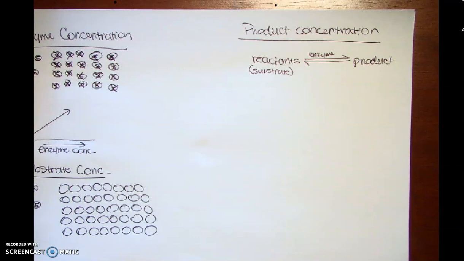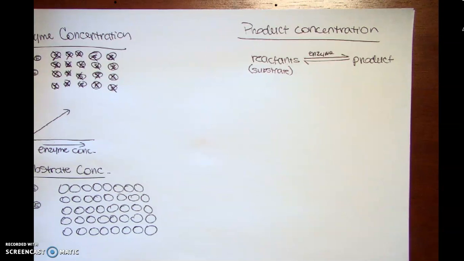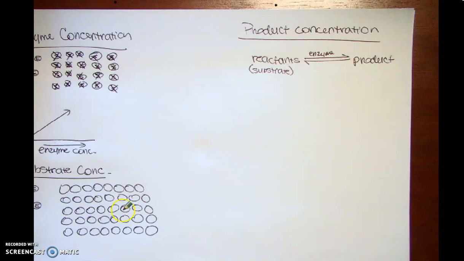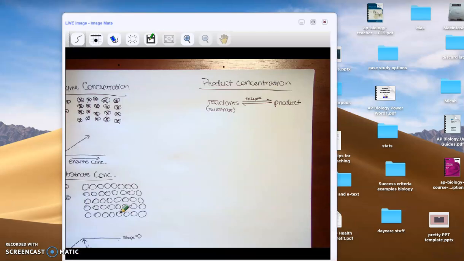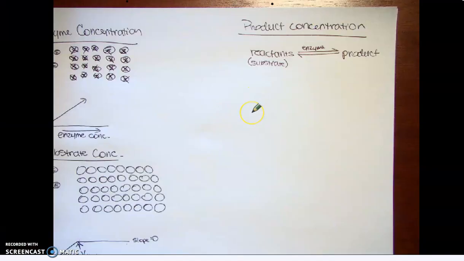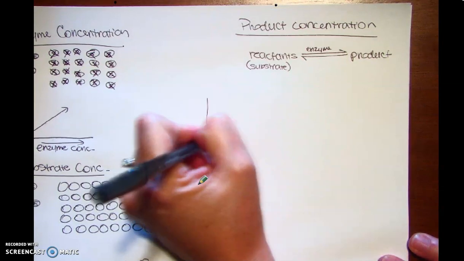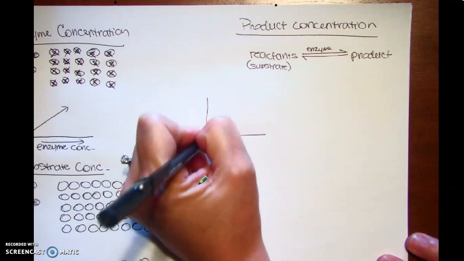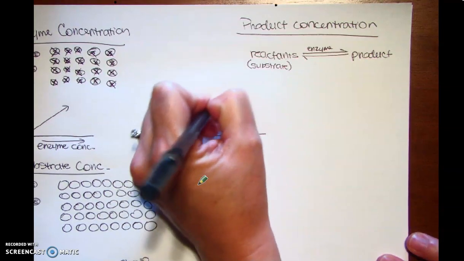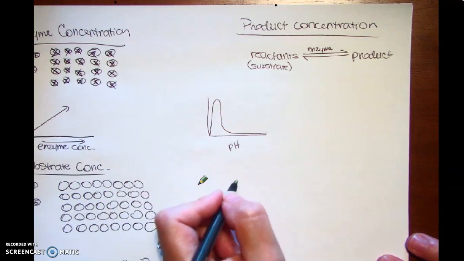The last thing says I can analyze enzyme activity and rate of reaction graphs to determine how environmental factors affect the enzyme. All right, with pH, if it's a stomach enzyme, you're going to see it work really well at low pHs and not at all at higher ones.